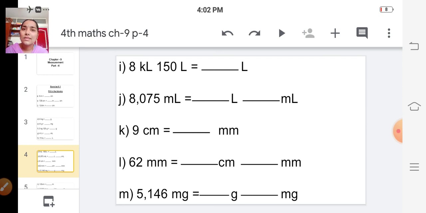All these conversions you have to learn. I have shown one table, right? That table from kilometer to millimeter, you have to learn that table. Then only you can do all these conversions.